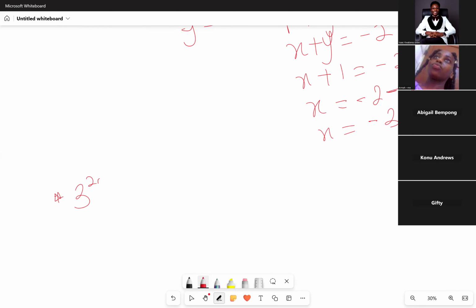Bracket 2x, 3x. That's 3 exponent 2x, and you're telling me 2n. You always write the wrong question. Is this not a question?